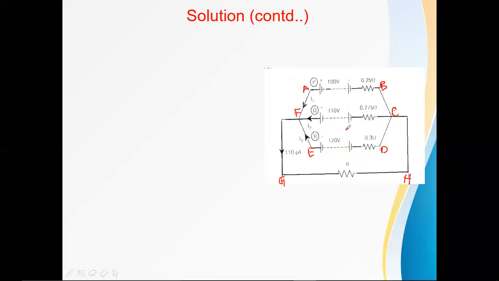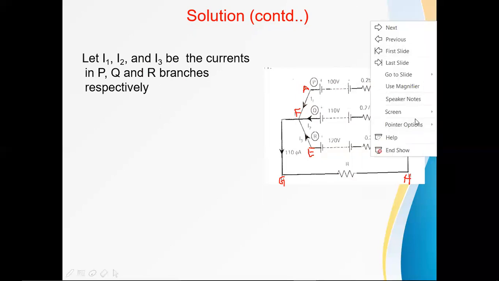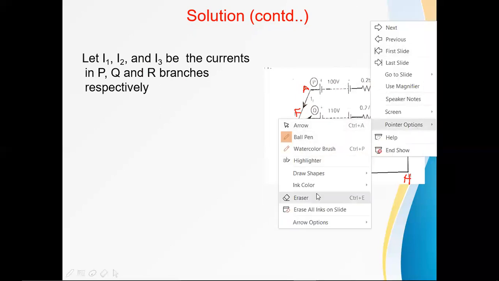So now let me apply loops. Let I1, I2 and I3 be the currents in the P, Q and R branches respectively. Let me indicate the currents in a different color, pink.